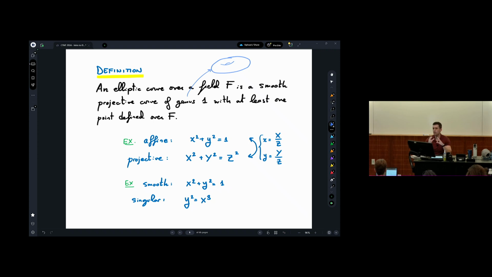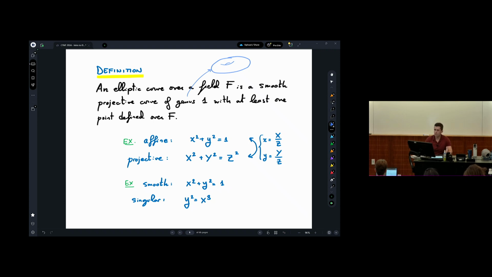The word variety is usually reserved for, there are certain qualities, but what I said is a set of points that satisfy some algebraic equations, that's an algebraic set. To be a variety, the affine ring of that object has to have some properties, but I'm not going to go there. Just think of things that are defined by polynomial equations. That's a variety. And if it is of dimension 1, I could go into algebraic geometry and define dimension, but if it's a dimension 1 variety, then that's a curve.